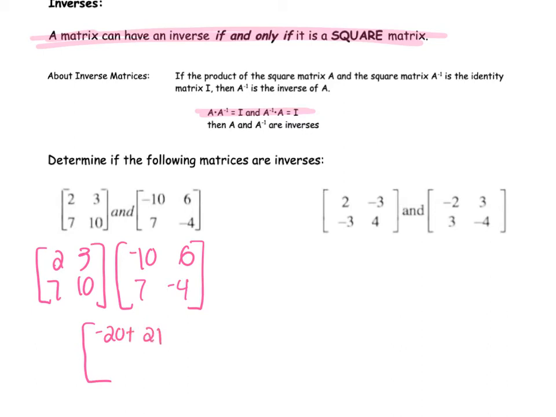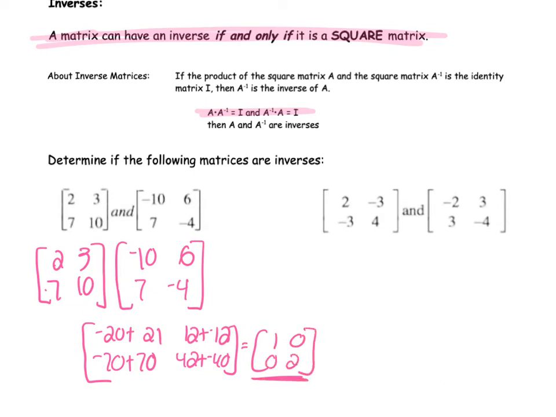First row, second column, I get 12 plus negative 12. Second row, first column, I get negative 70 plus 70. Second row, second column, I get 42 plus negative 40. When I add those together, I get 1, 0, 0, and 2. Notice these are not inverses of each other since this is not my identity. And since it didn't work, we don't even need to try it the other way.